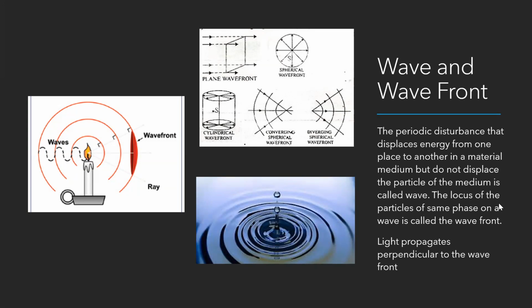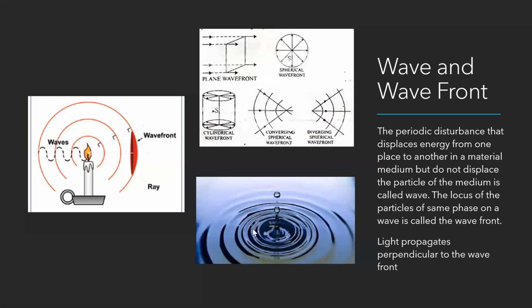Now, the locus of all the particles at the same phase on a wave is called the wavefront. As the light propagates out, here you can see circles, right? When you take this circle, all the water molecules here are moving up, which means they are in the same phase.